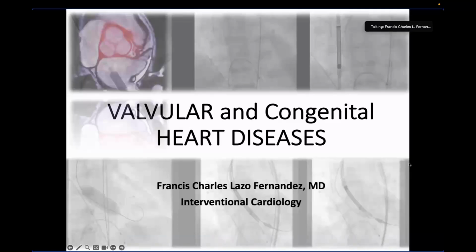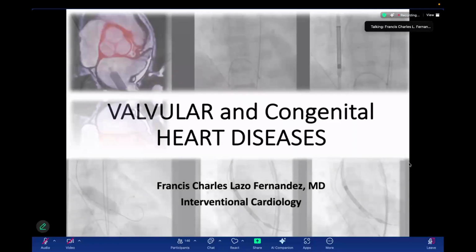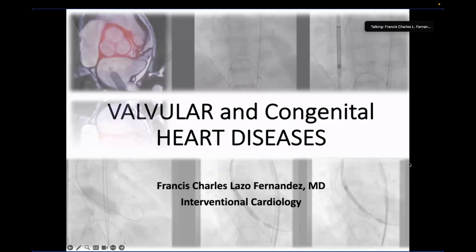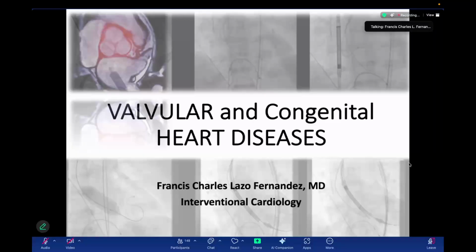So this will entail two major structural components of cardiac diseases, namely valvular and congenital heart diseases. Congenital heart diseases are also in the spectrum of acyanotic and cyanotic congenital heart disease.